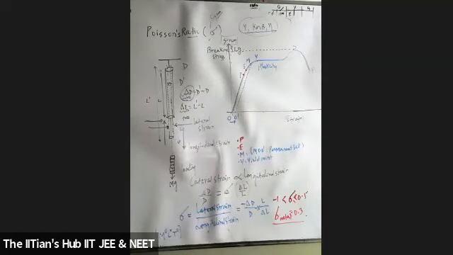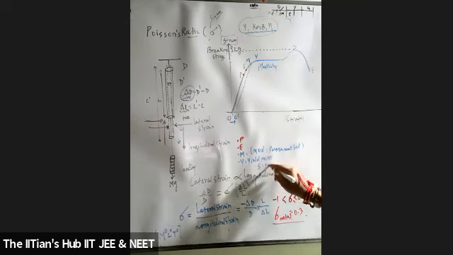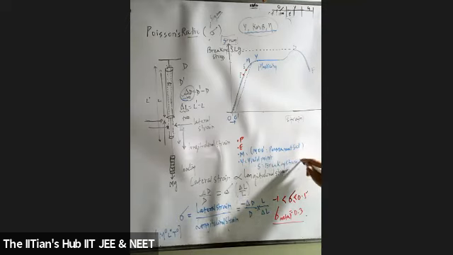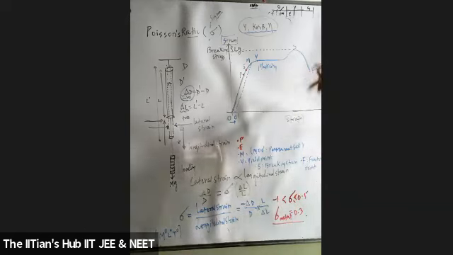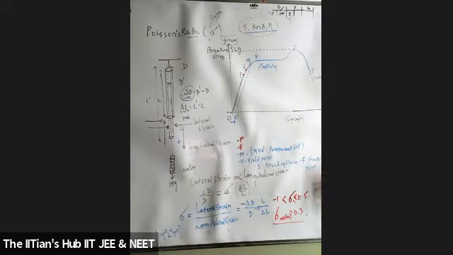So what exactly does point S stand for? Breaking stress, and point F stands for fracture point, where the wire will form a weak constriction, very thin, and the wire will certainly break at this point.